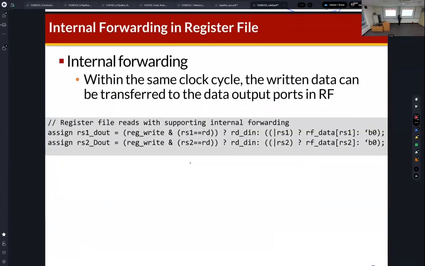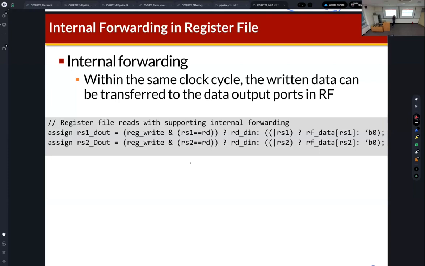And also for this, if you just compare some data path elements of this pipeline processor, then you can find that the register file is changing. It means that if we compare the instruction memory of a single cycle processor and the pipeline processor, the instruction memory is the same.